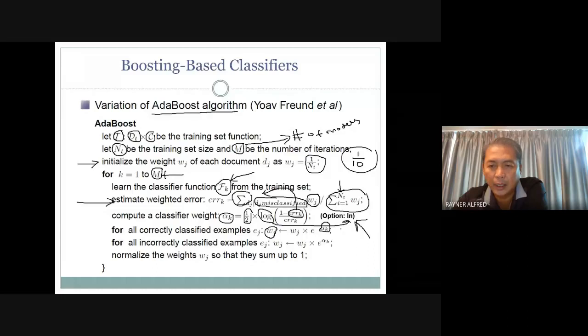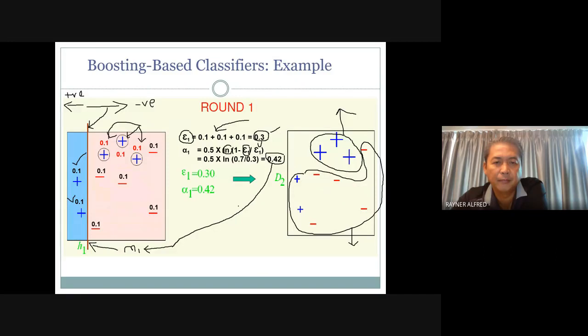So this one will decrease the weightage of the correctly classified examples, and this one will increase. So how do we perform that? Okay, this is the information that we get from here.